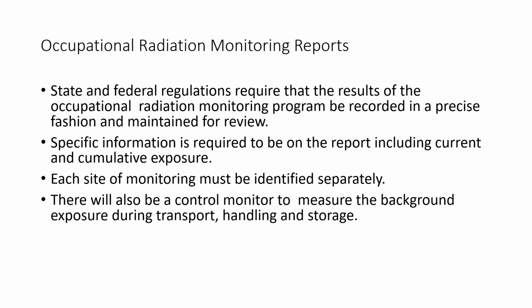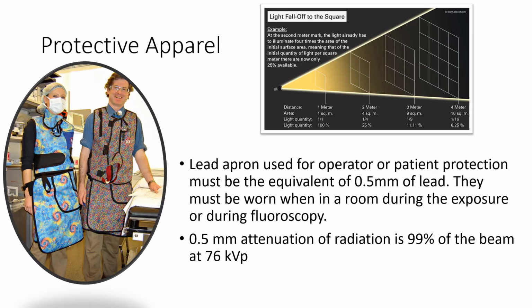Each site of monitoring must be identified separately. There will also be a control monitor to measure the background exposure during transport, handling, and storage. We'll discuss protective shielding and apparel in another module, and the care and design of the apparel and shielding.